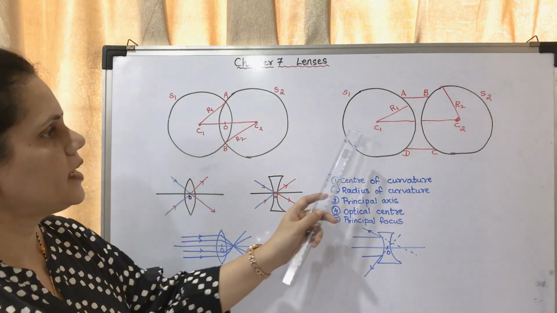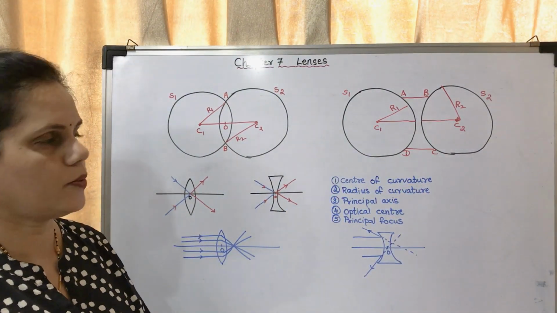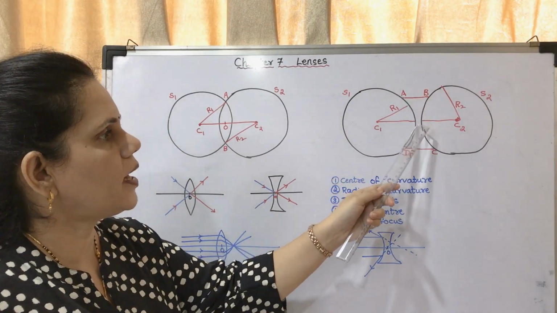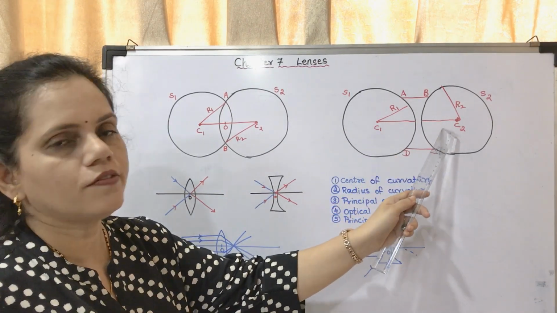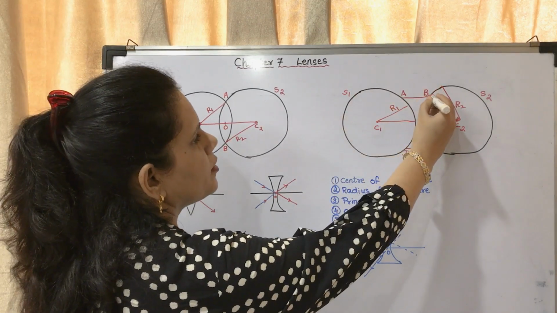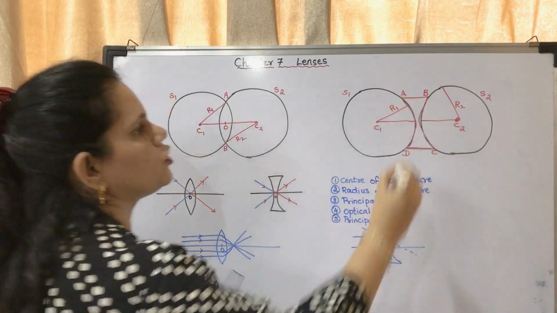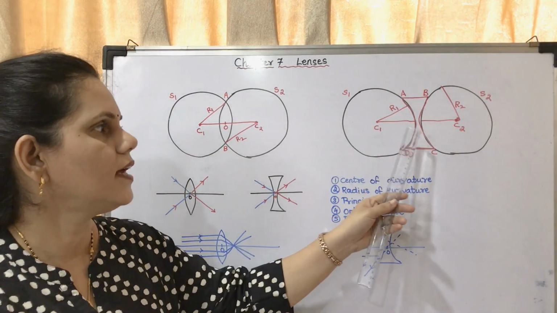Okay, so in this also there are two spheres, S1 and S2. These spheres are not interconnected. You may see this part is the part of this sphere and this part is the part of this sphere. And you may see A, B, C, D. This makes the concave lens.